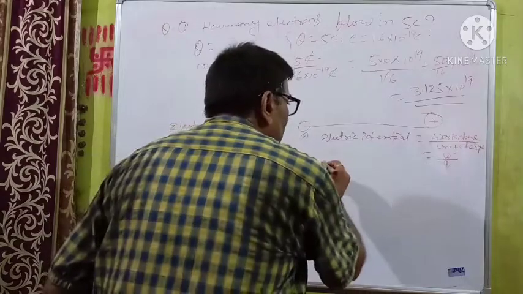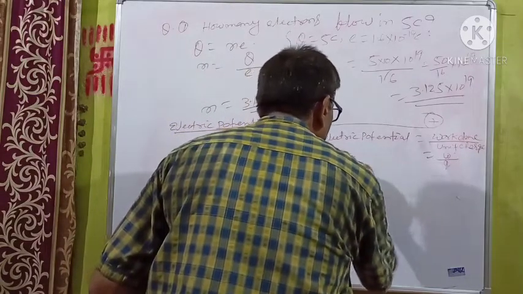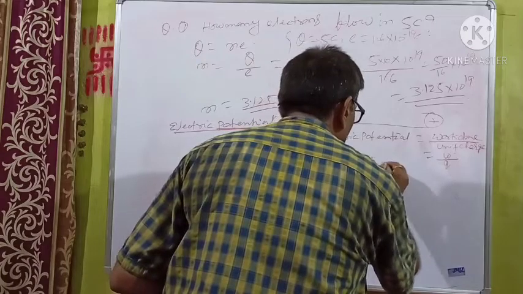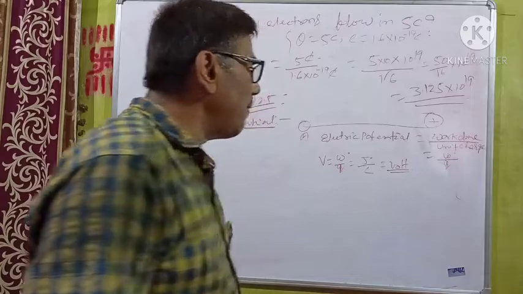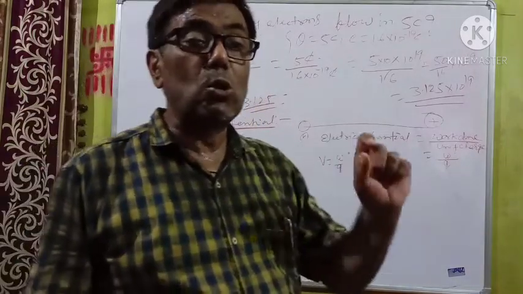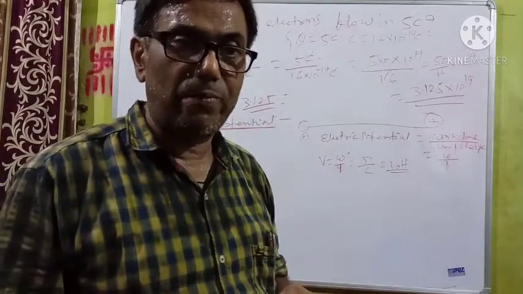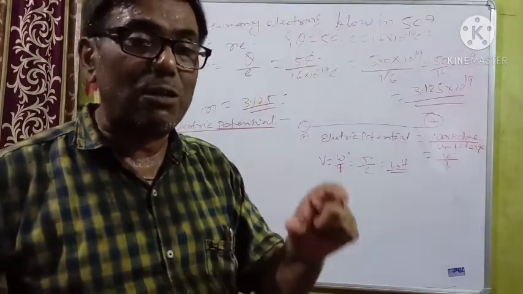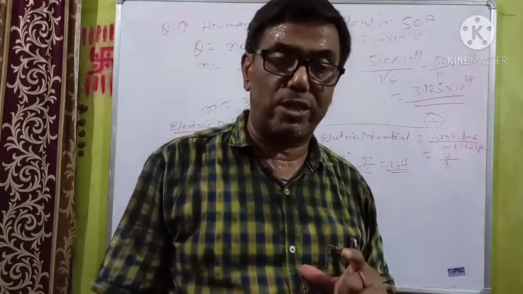It is denoted by V is equal to W by Q. Its SI unit is joule per coulomb, which is volt. Electric potential is measured by an instrument known as a voltmeter. A voltmeter is connected in a closed circuit in parallel combination.